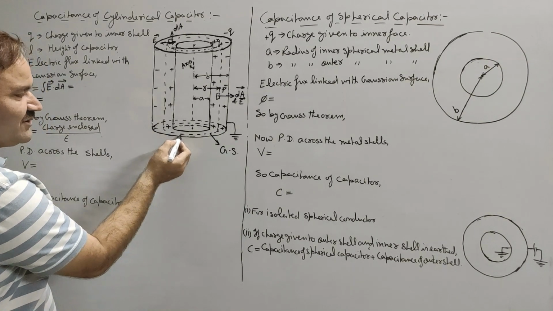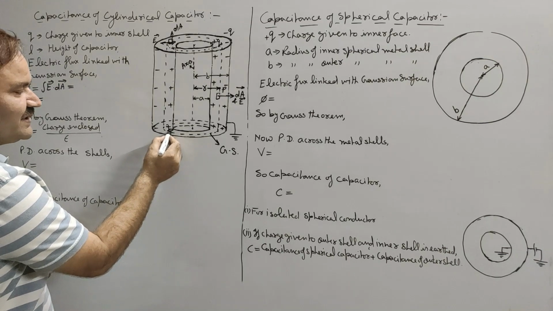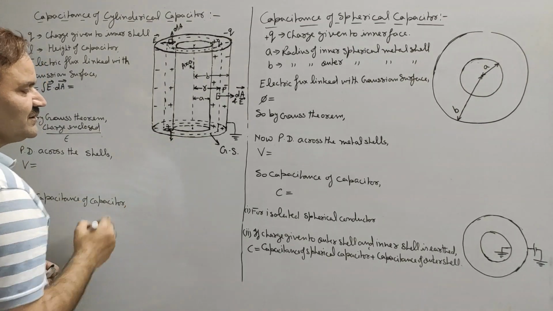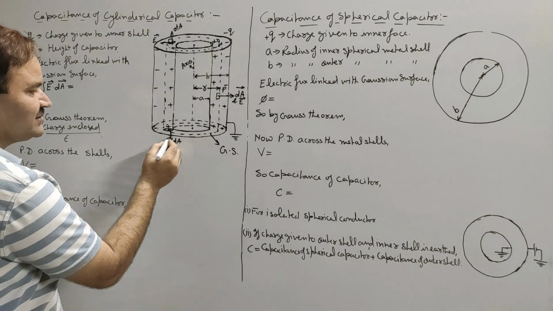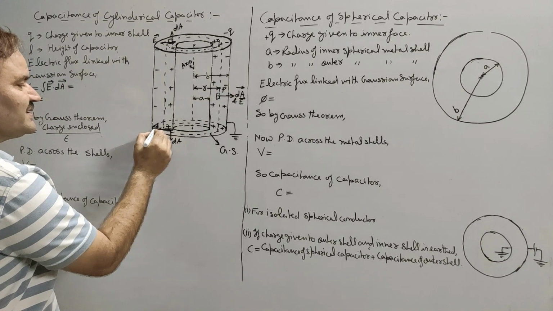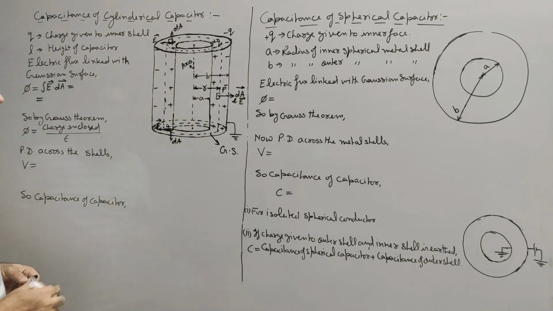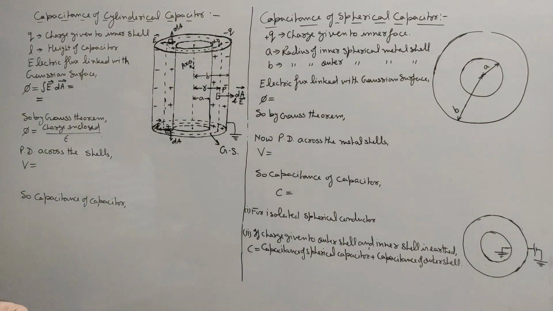In the same way, for the lower flat surface, the area vector will be along the axis, while electric field vector away from the axis. So again, electric field vector and area vector will be perpendicular to each other.